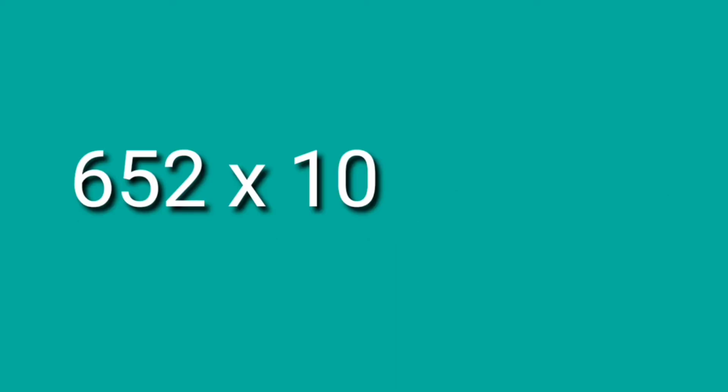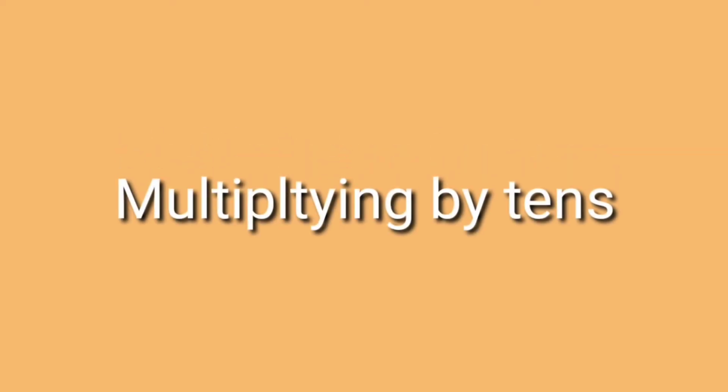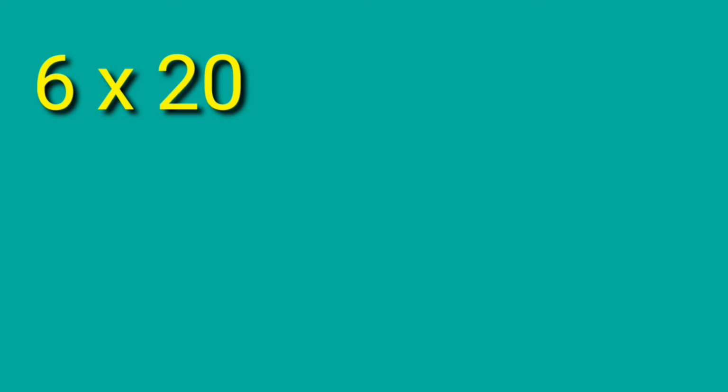Okay, let us take next number 652 by 10. First we multiply 652 by 1. Then we need to put a 0 to the right of the number. Here is the answer 6520. Okay, let us try to do multiplying by tens. First one, 6 into 20.